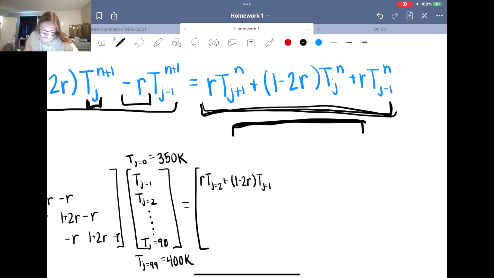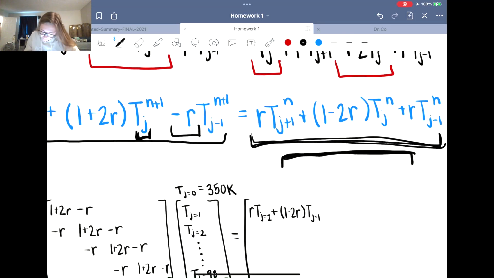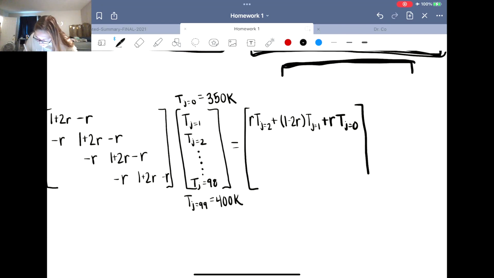I want to keep it lined up. Plus our r of t 1 minus 1. That's going to be where j equals 0.